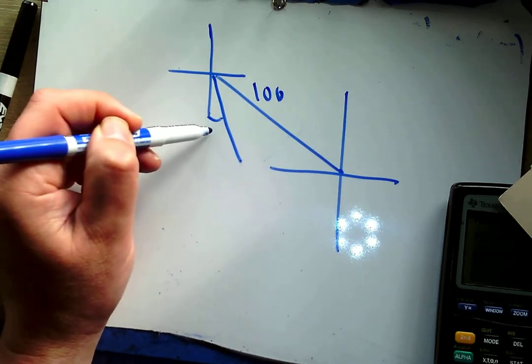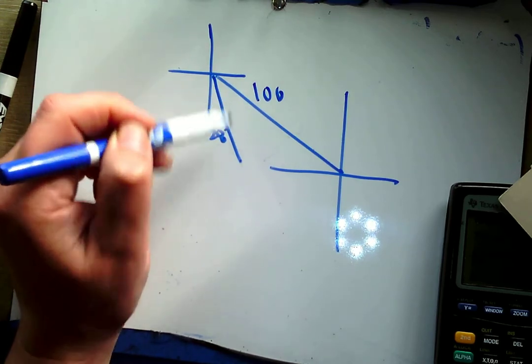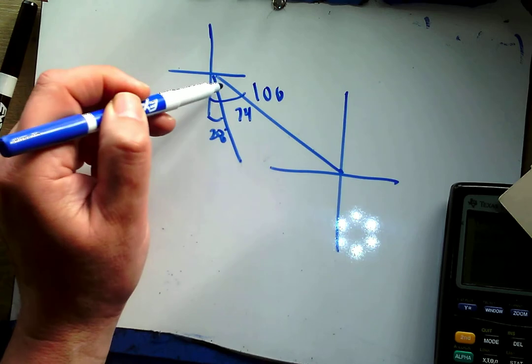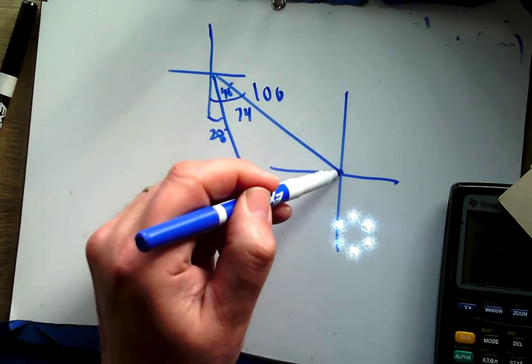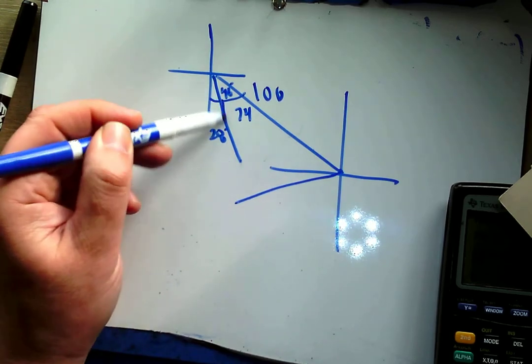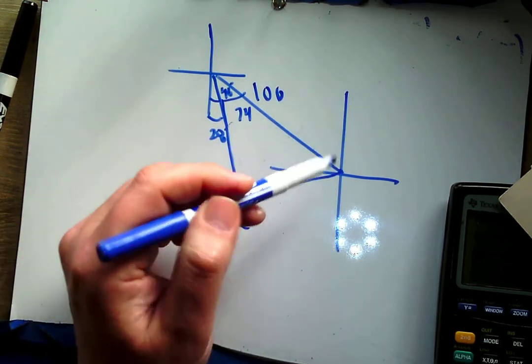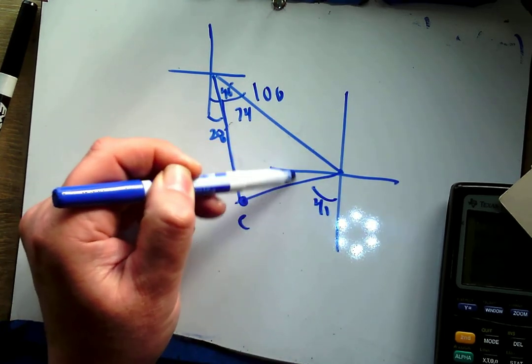And that is 28. So this one is 74. This one is 46. Here, and here. And so we've got C. This is us going south, 41. This must be 49.